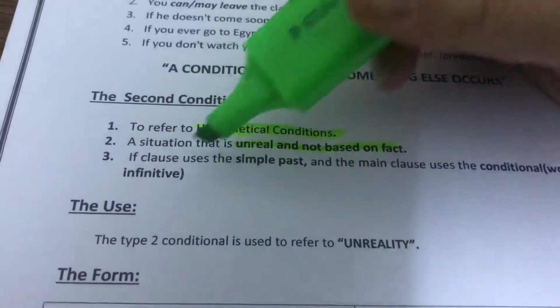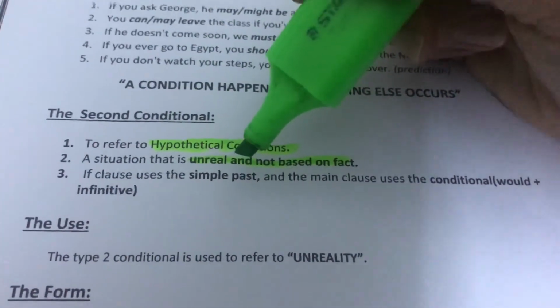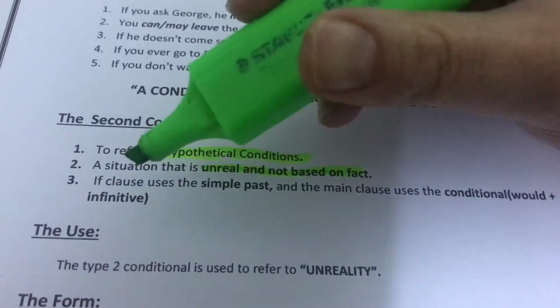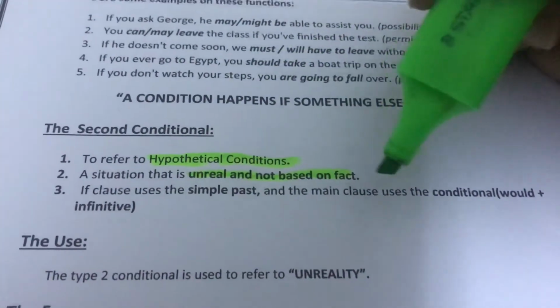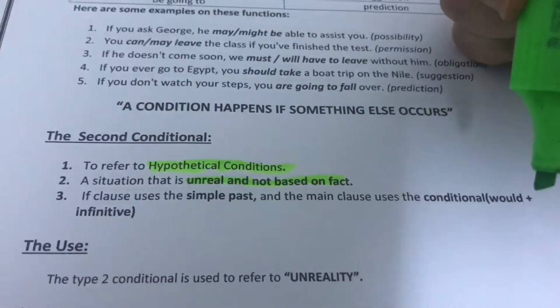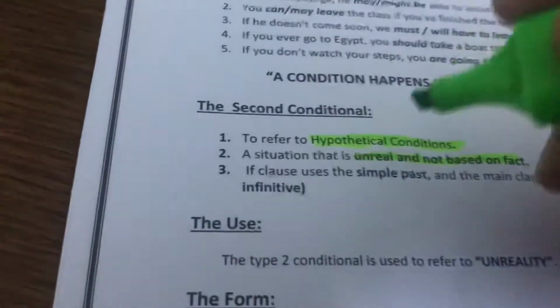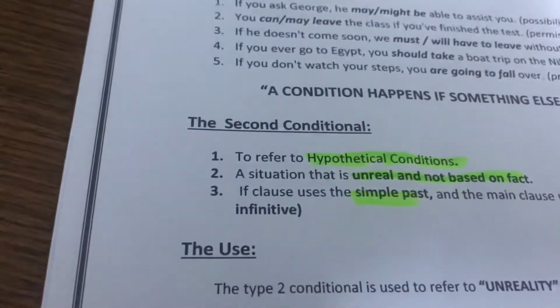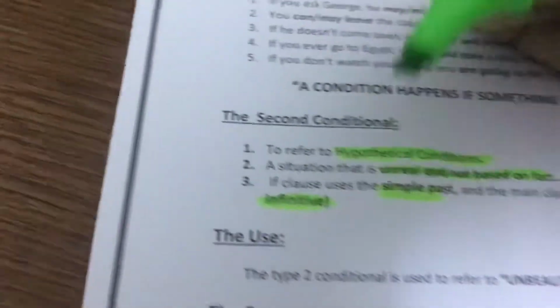The if clause uses the simple past. Here, as we said, we have two parts. The first part, the if clause, uses the simple past, and the main clause uses the conditional would plus the infinitive of the verb.